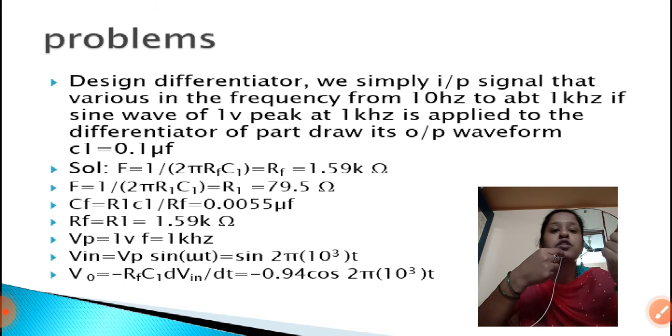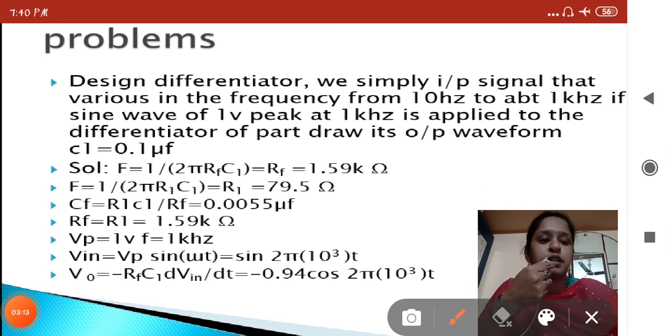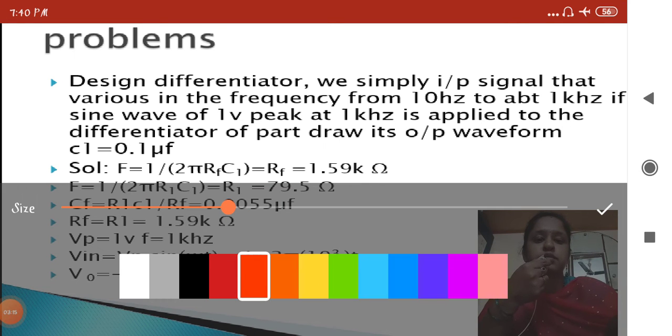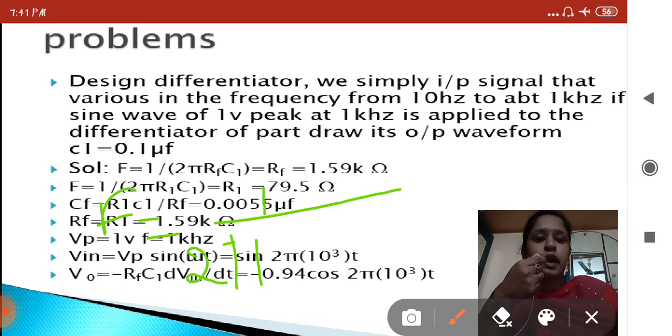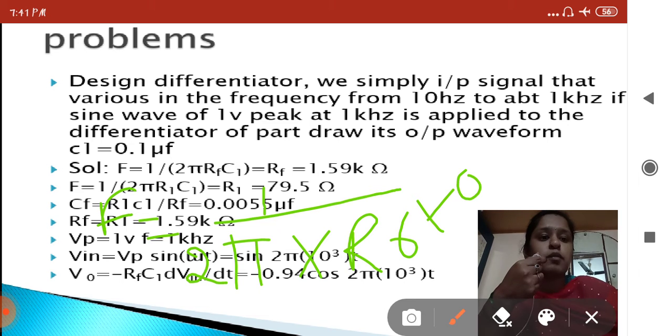Solution. fa equals 1 divided by 2 pi RF C1, so RF equals 1.59 kilo ohms. How does it come like that? I'm going to solve it. f equals 1 divided by 2 pi RF C1, with C1 equal to 0.1 microfarad.